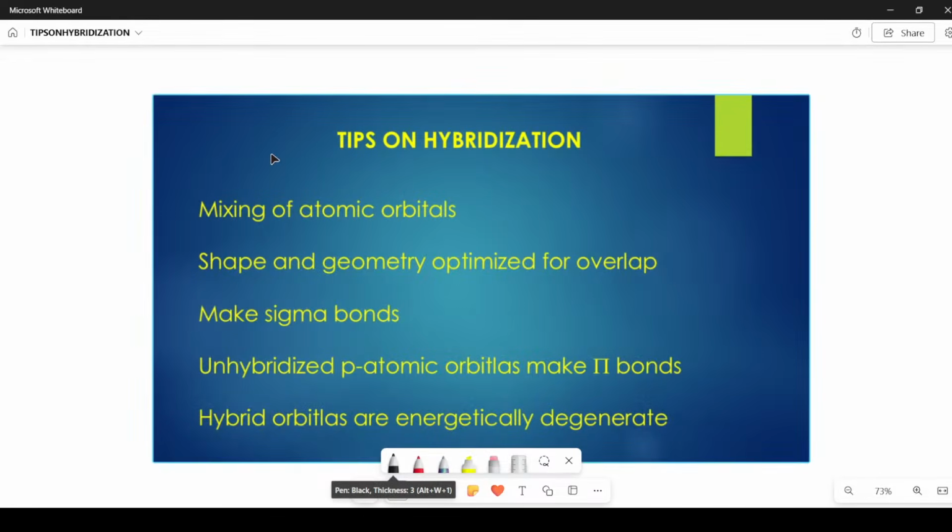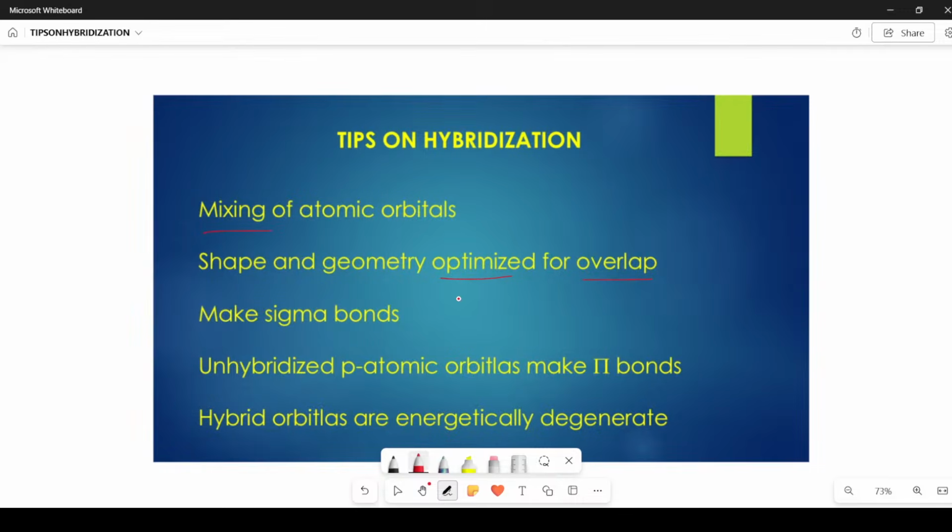Hybridization, as you might know, is a mixing of atomic orbitals. The mixing of atomic orbitals happens in order to generate shapes and geometry that are optimized for overlap. That means each atomic orbital would combine with other atomic orbitals to produce optimized hybrid orbitals.